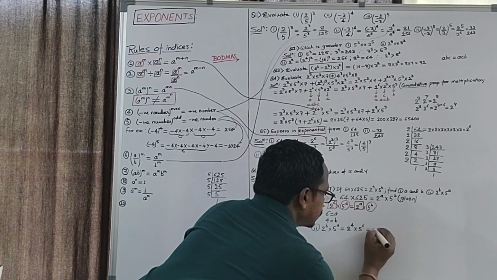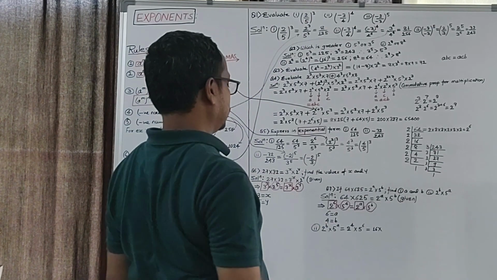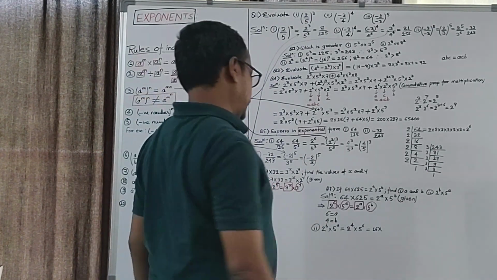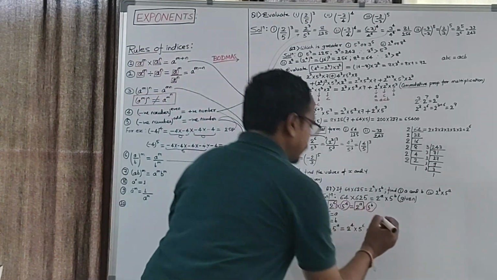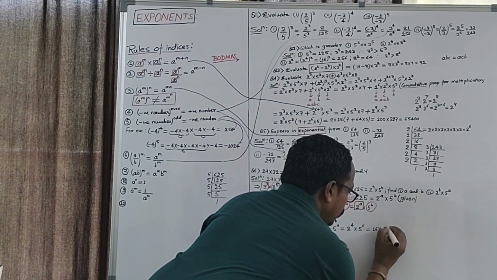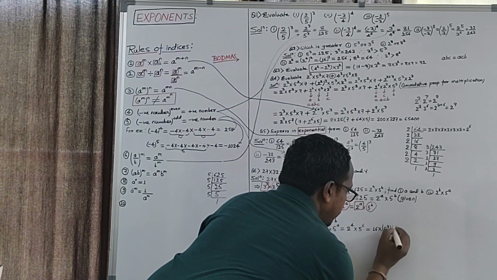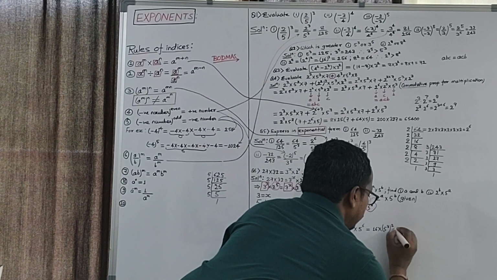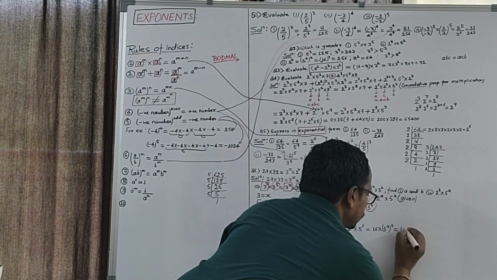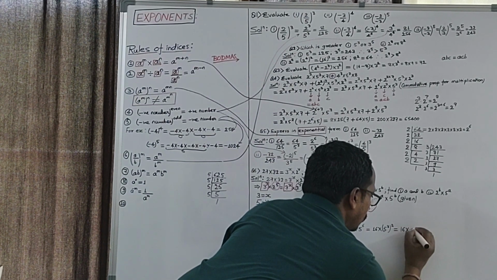So 2 to the power 4 is 16. 5 to the power 6 can be written as 5 cube whole square. I know 5 cube is 125, so 16 into 125 square.